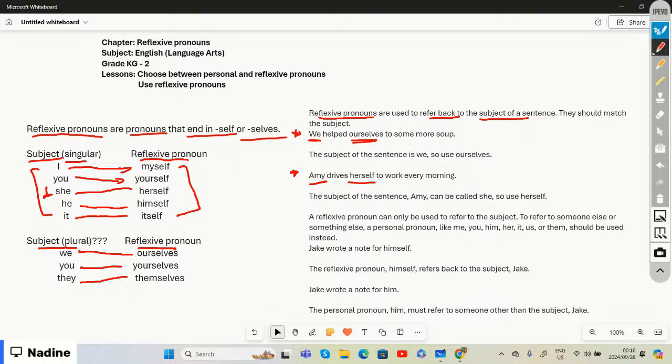And then we also have the subject of the sentence. If the subject is a noun, somebody's name.